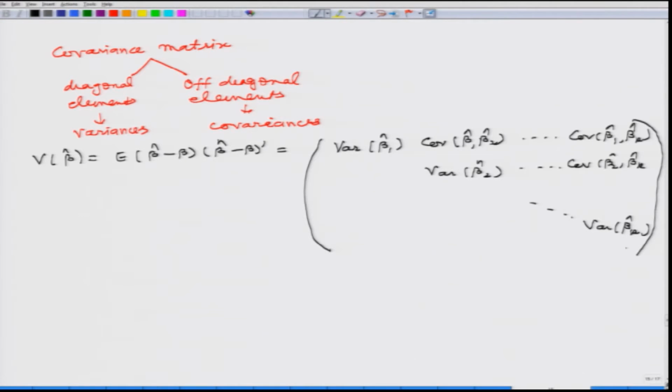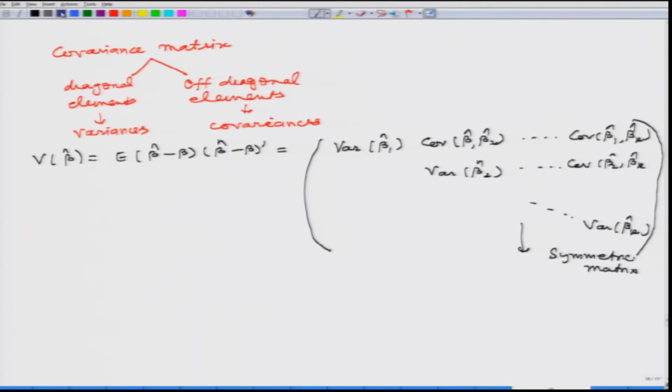This is a symmetric matrix, because the covariance between Xi and Xj is the same as the covariance between Xj and Xi.